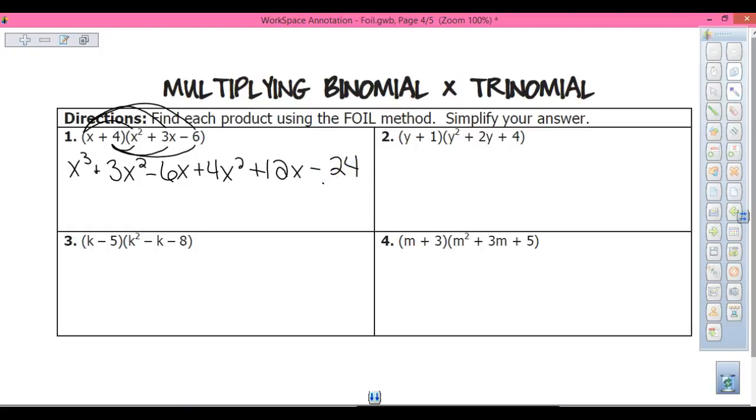Minus 24. All right, so now we kind of have to pick out what I can combine. Okay, what's going to come first? X cubed. Okay, and now we got to go through and we got to find all my x squareds. So I've got 3x squared and 4x squared, so I get plus 7x squared.